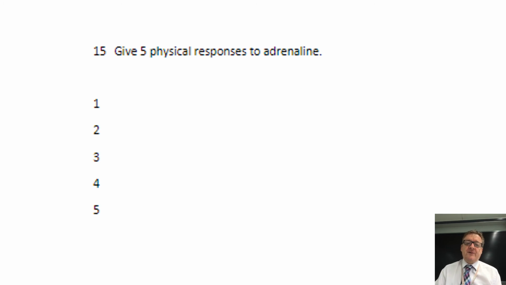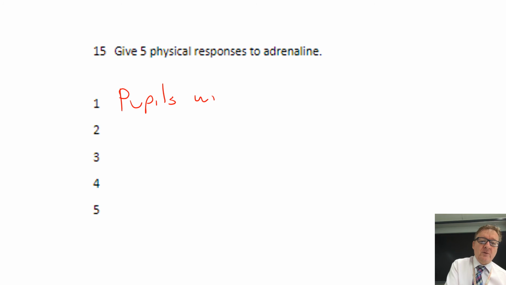Give 5 physical responses of adrenaline. We talked about adrenaline before. There are probably about 10. You've got to think, if a tiger walked in the room, how would you physically respond? It's not just a case of running away. Your pupils widen, so you can get more light in.